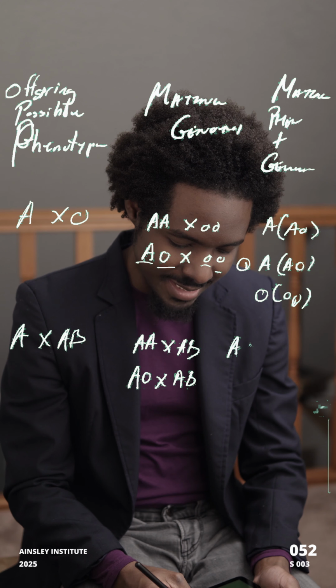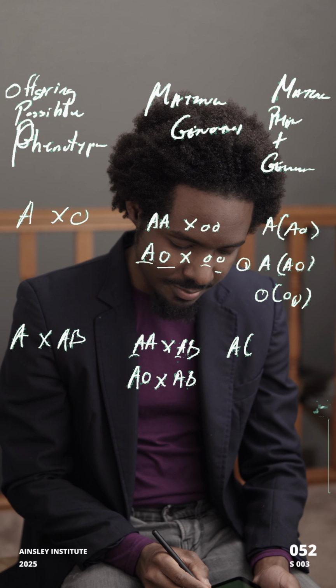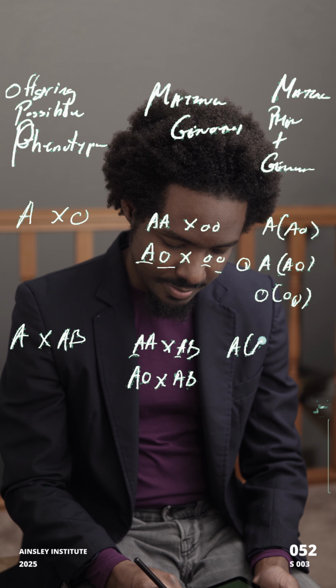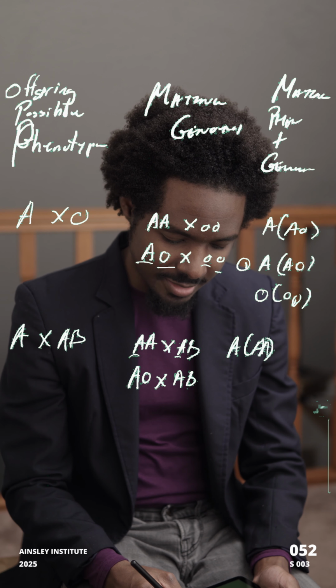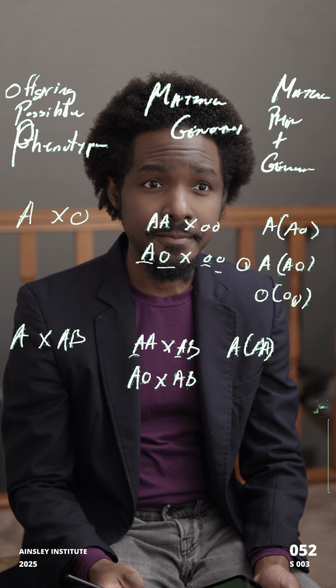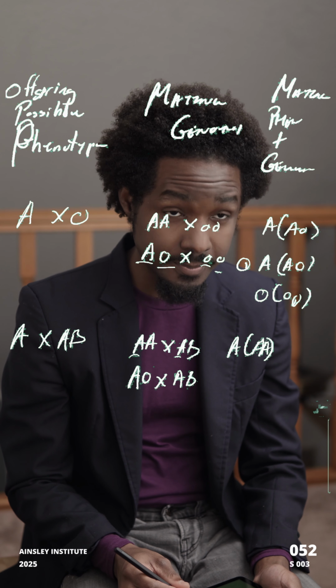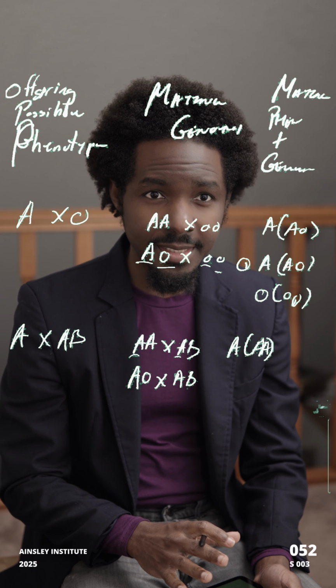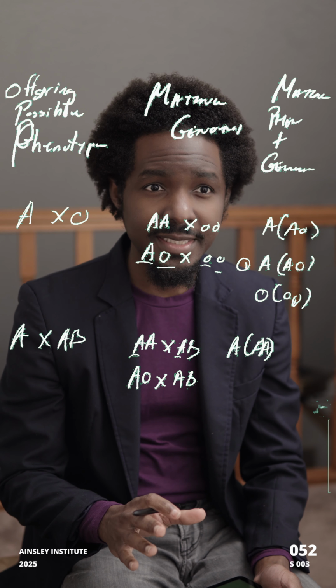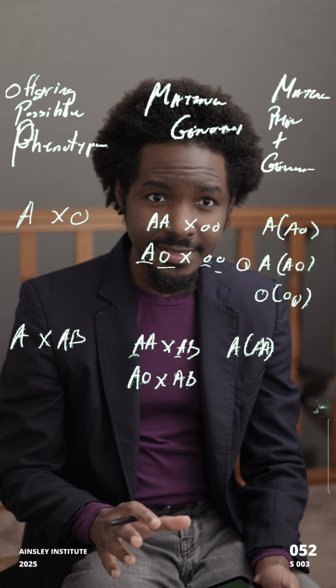So this person could be an A based on A times A, which would be a solid A, AA, all right? A times A gives us a solid A, all right?